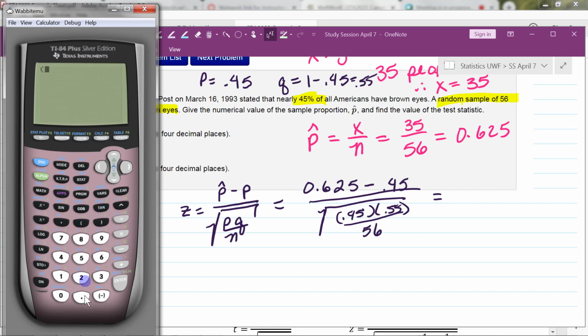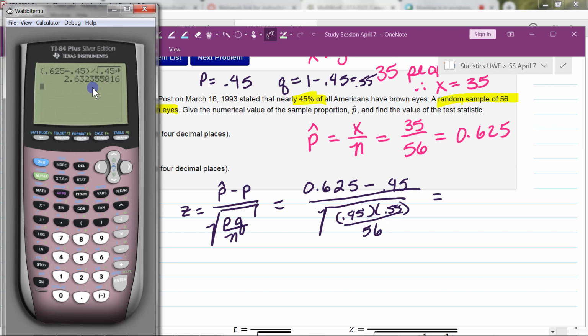So it's parentheses 0.625 minus 0.45, close parentheses, divided by the square root of 0.45 times 0.55 divided by 56. I like to bring it out from underneath the radical. You don't have to though. And your test statistic is going to be 2.63.